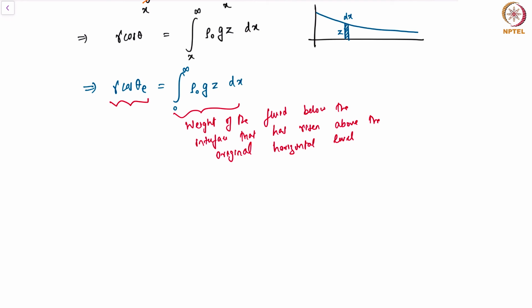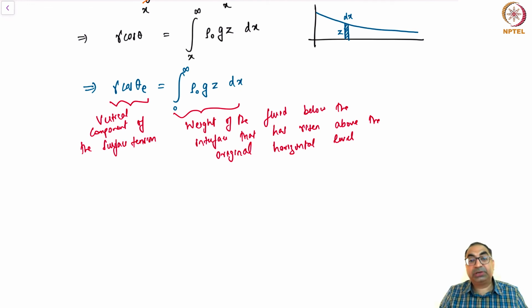Because this is the vertical component of the surface tension force. Because the meniscus is meeting at an angle theta e, the meniscus essentially is getting pulled up by surface tension and gravity is pulling it down. So an equilibrium is established because there are two competing forces: the surface tension force pulling it up and gravity pulling it down.